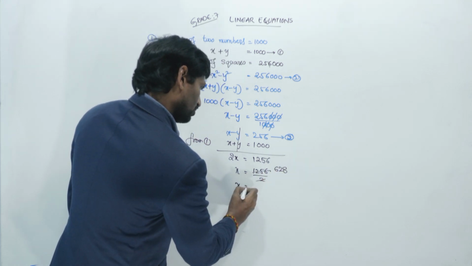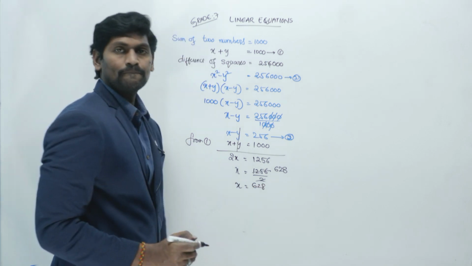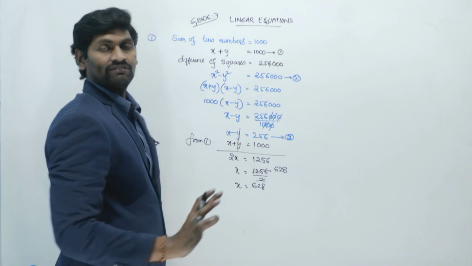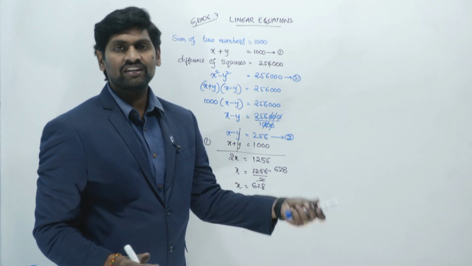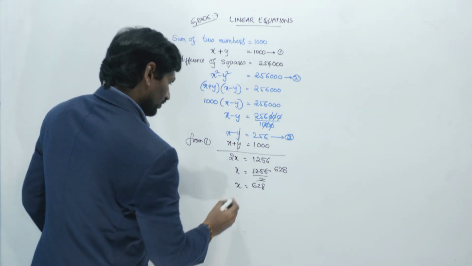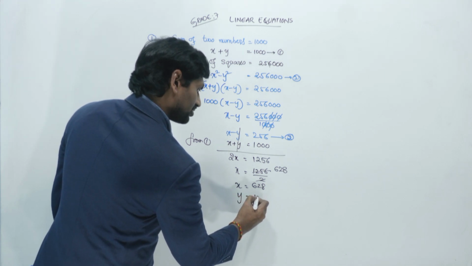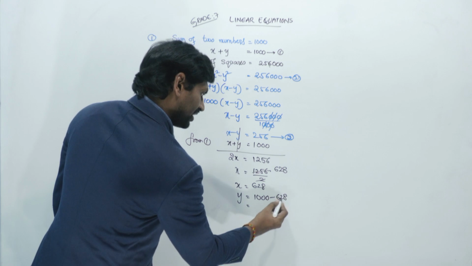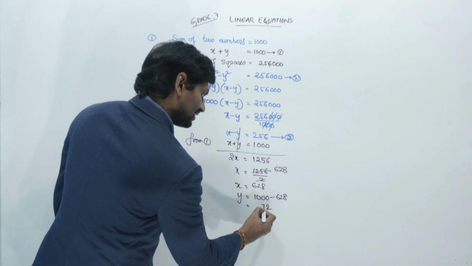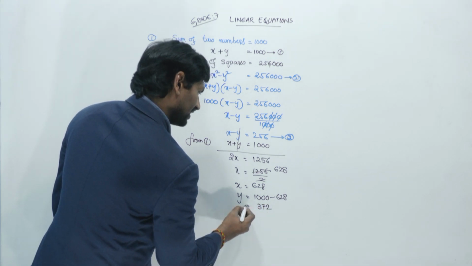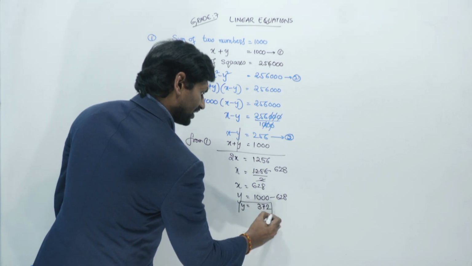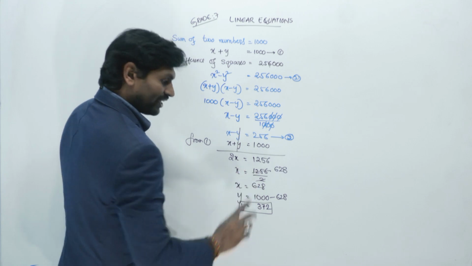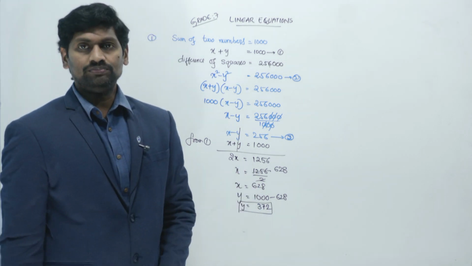So x value is 628. What about the y value? From 1000, if you remove that 628, the remaining value is y. So y equals 1000 minus 628. So 10 minus 8 is 2, 9 minus 2 is 7, here 9 minus 6 is 3. 372 is our required answer. So therefore the two numbers are 628 and 372.